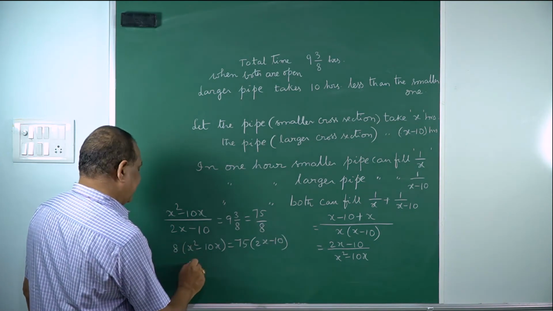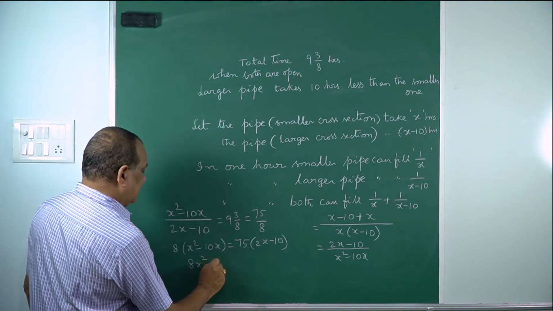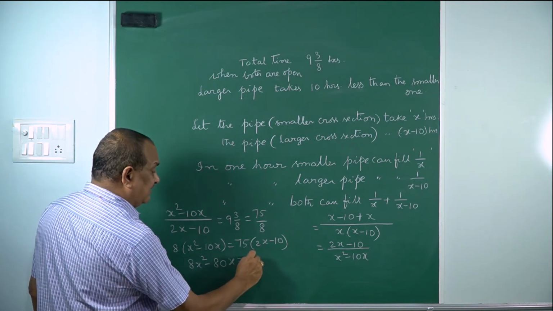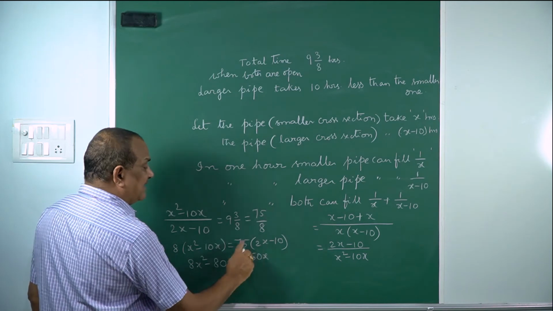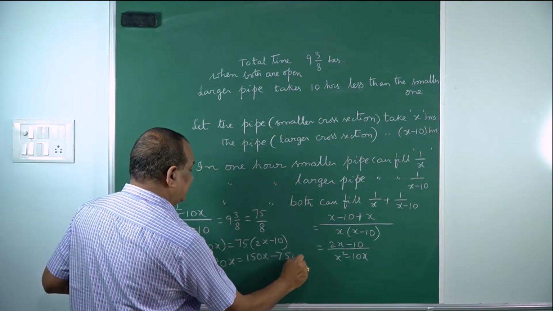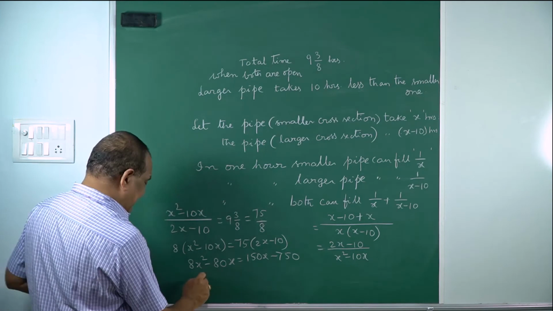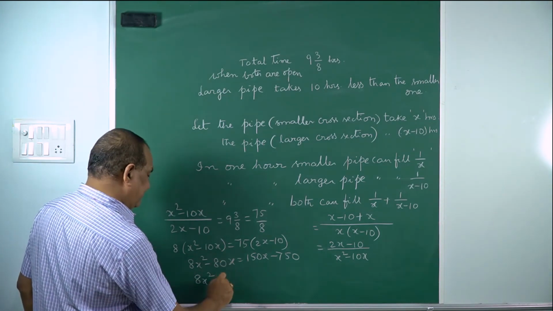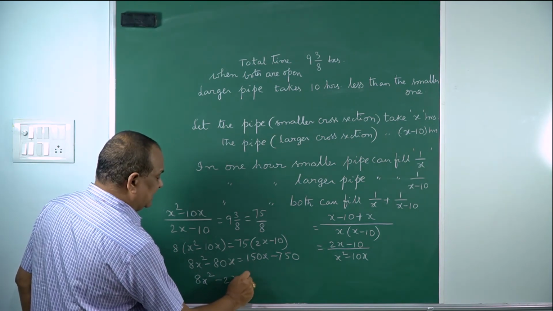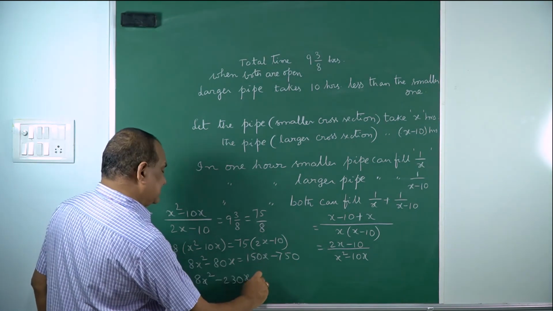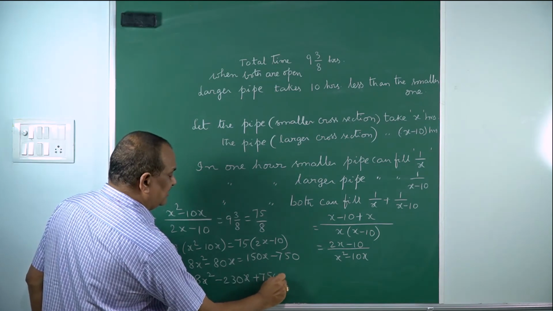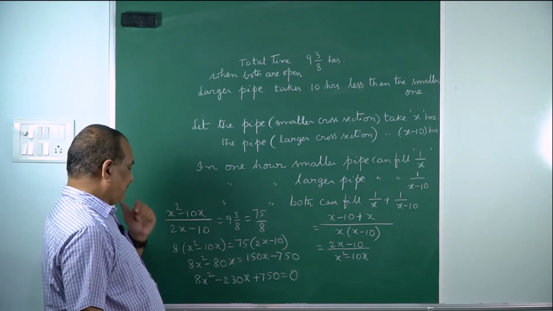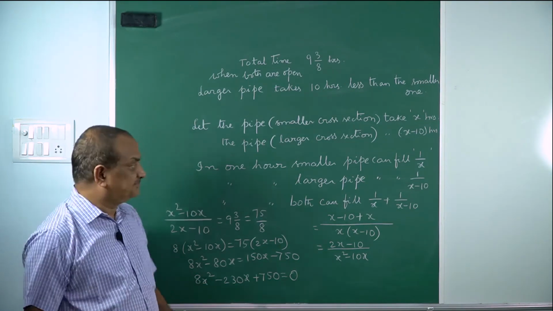Come on, 8X square minus 8X, 80X, 8 tens 80X is equal to, this is 150X and minus 750. Come on, 8X square minus 80 minus 150, there will be minus 230X. This will come this side, plus 750 is equal to 0. We have to solve this quadratic equation.